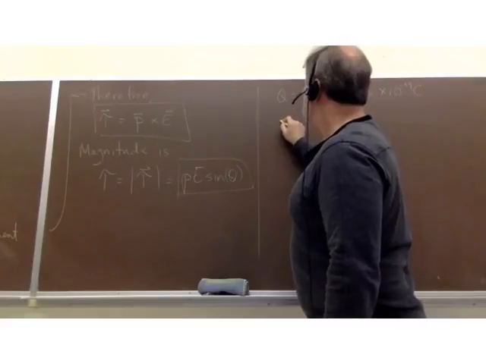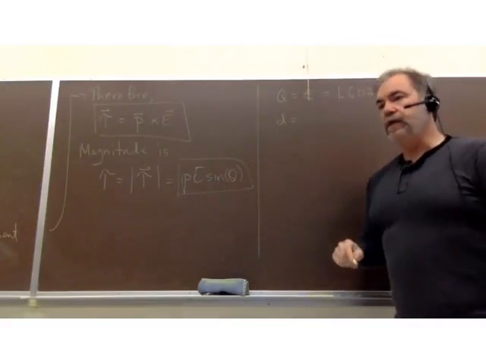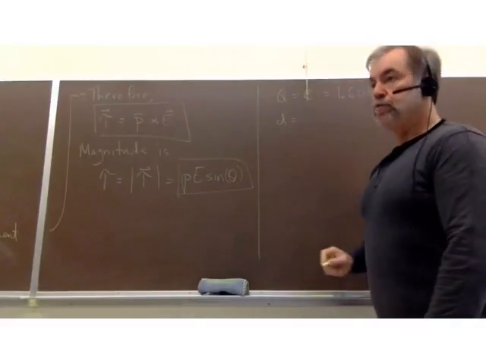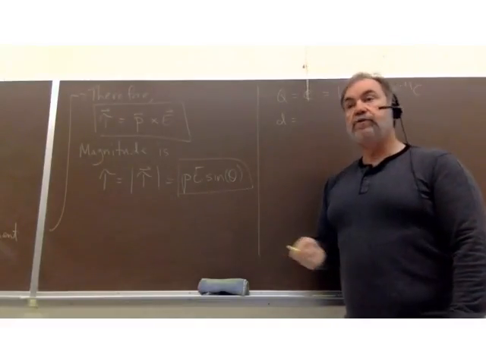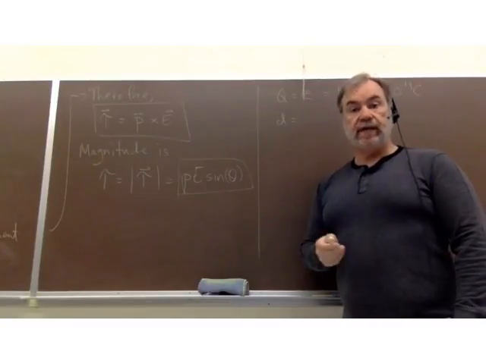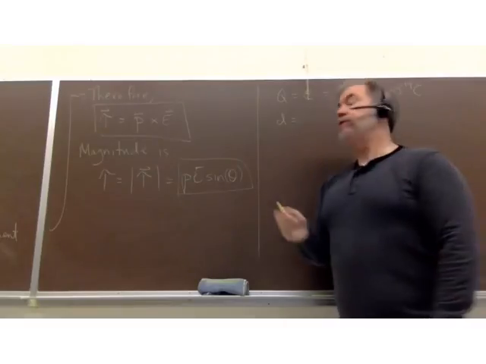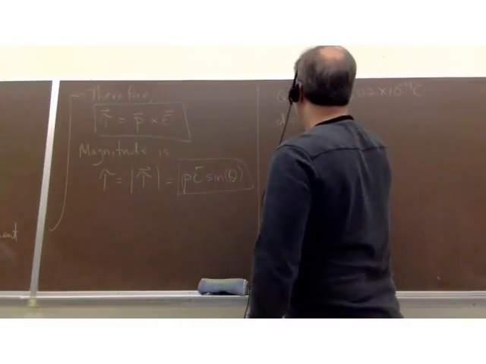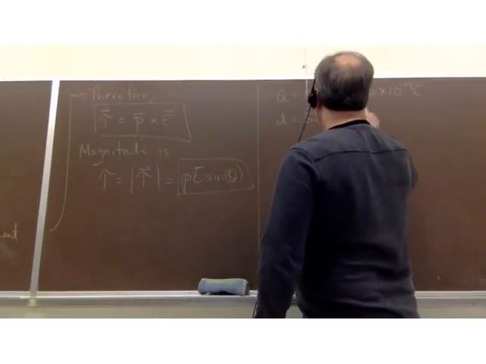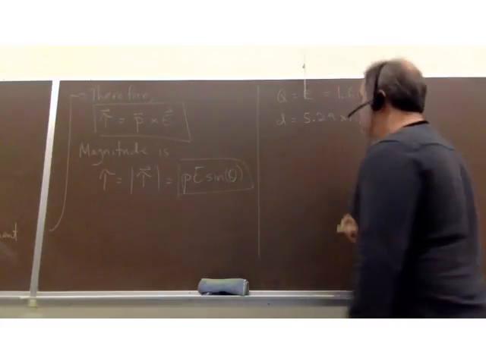And let's suppose the proton and electron are a distance apart, really what we're talking about is a hydrogen atom in its ground state. The radius of the hydrogen atom is 5.29 times 10 to the minus 11 meters.